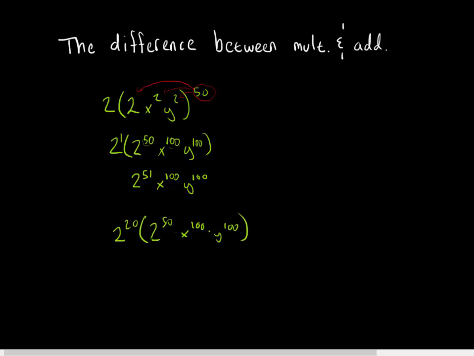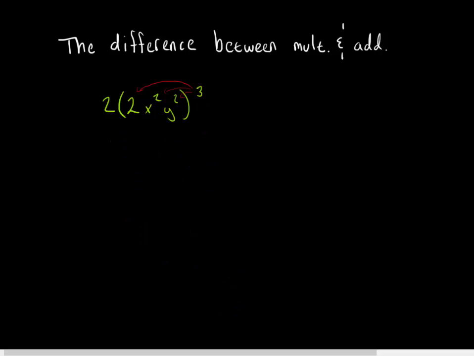You do the same thing with the 2's that you do with the x's and the y's. When you multiply together anything by the same base, the base here being 2, you add the exponents. 2 to the 70th times x to the 100th times y to the 100th, which is usually just written without the dots.